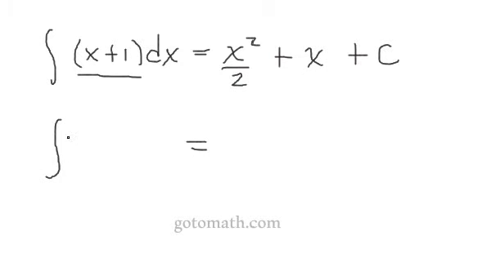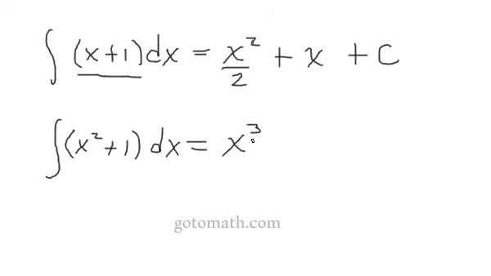All right, the next one we have x squared plus 1. So we're taking our time learning this stuff real slow. We have x raised to the second power, so we're going to add 1 to the exponent.